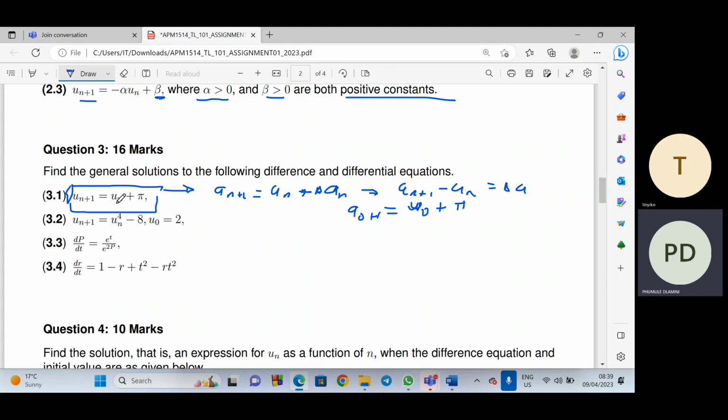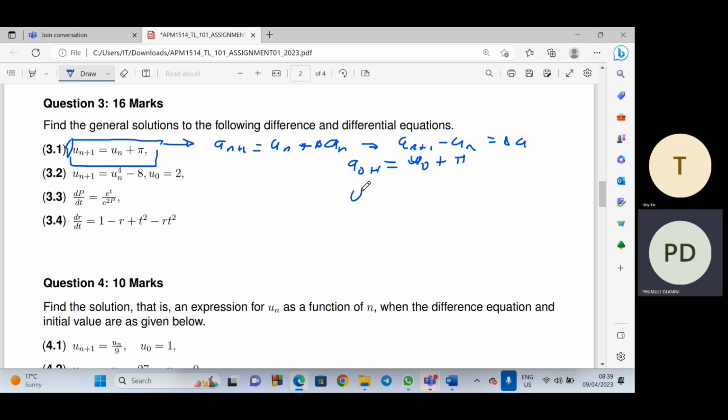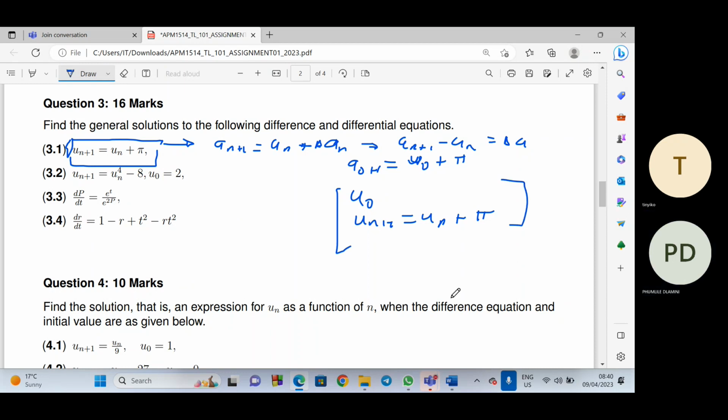So in the general formula here, u_0 equals something, and u_{n+1} equals u_n plus pi. So the only thing that we add is u_0. It's a difference equation, but there is nothing you can do, because the only thing we need in this difference equation is to know what u_0 is.